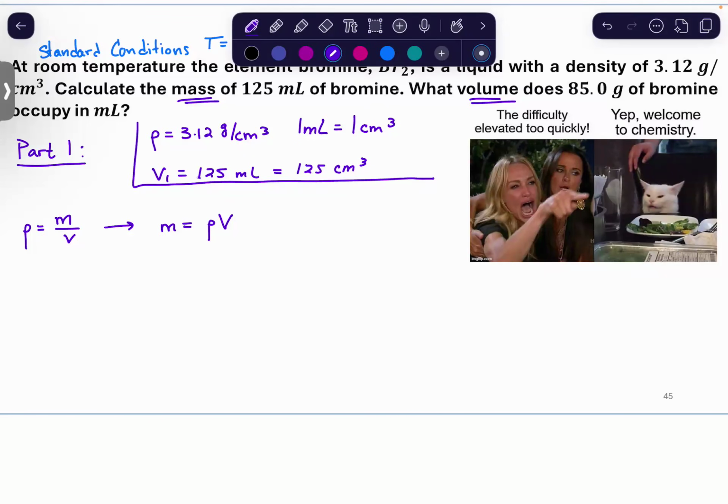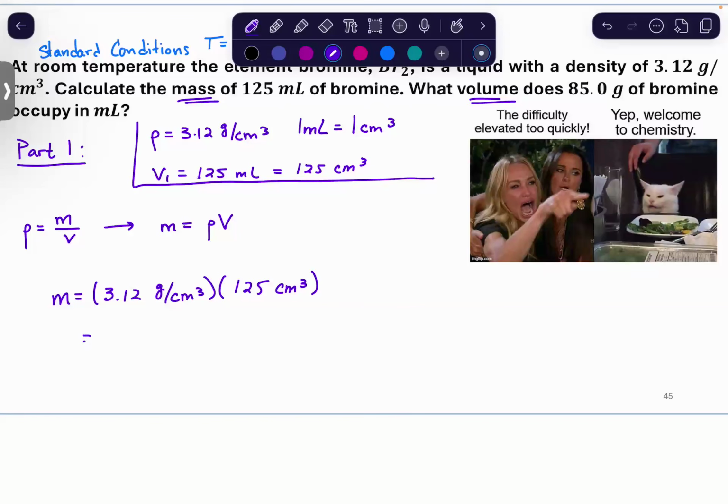This is just pretty straightforward algebra that we're doing right now. Okay, now I've worked through to an equation that I can put numbers into. Mass, my density, 3.12 grams per cubic centimeter times 125 cubic centimeters. It's a multiplication. Both of the 3.12 and 125 are three significant figures.